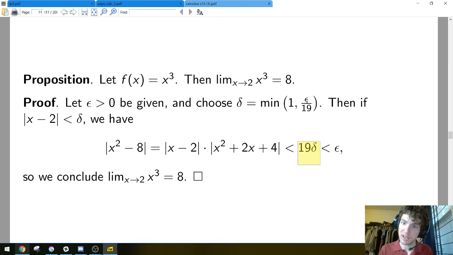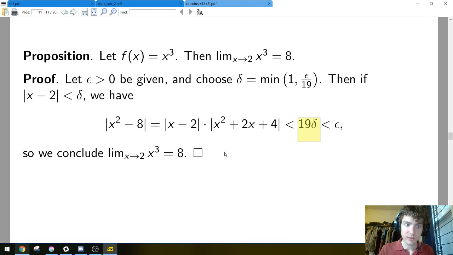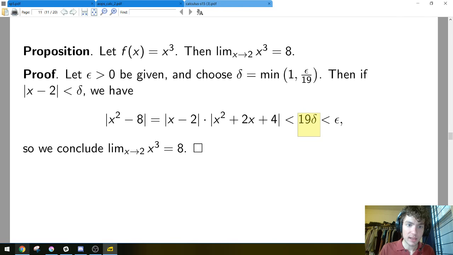Delta is at most epsilon over 19, so 19 delta is at most epsilon. So modulo the typos, we've shown that the absolute value of f of x minus L is less than epsilon, which is the definition of the limit. So we've shown that the long sentence which this highlighted expression unpacks into is true, and then we're done.